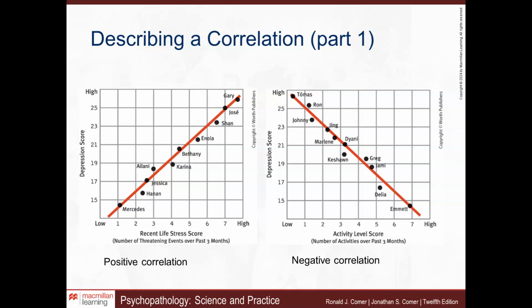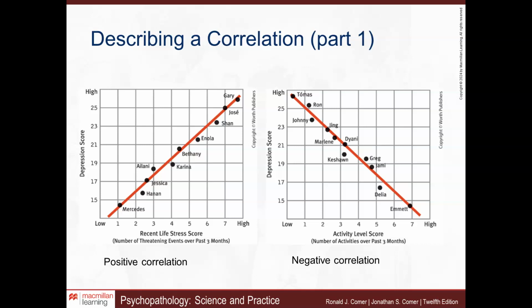There are two types of correlation I'd like to acquaint you with. On the left-hand side, you see positive correlation. That's the relationship between, in this example, the amount of recent stress and feelings of depression shown by this sample of 10 participants.